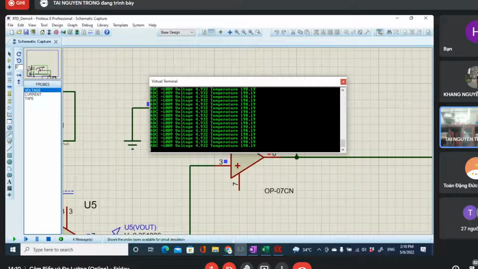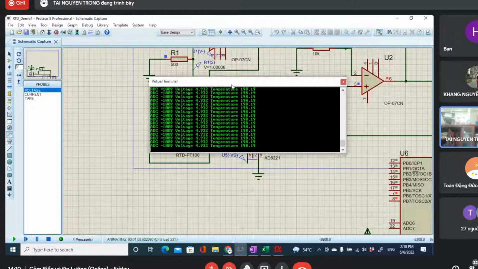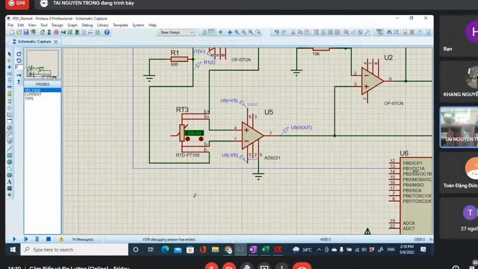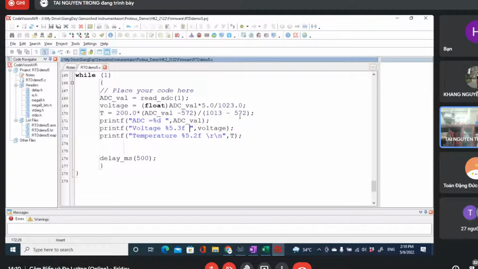Okay, and then we take a reduce for a value of temperature. As you can see, when we take a reduce, the value will be like this. Let's check again. For 200, we can take the value of this is 1009. Okay, and I will recalculate for this one, 1009. Okay, then check again.